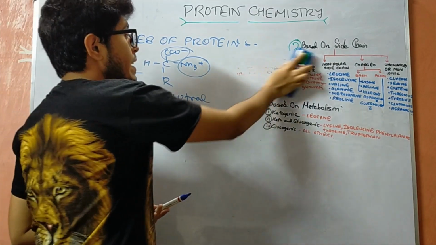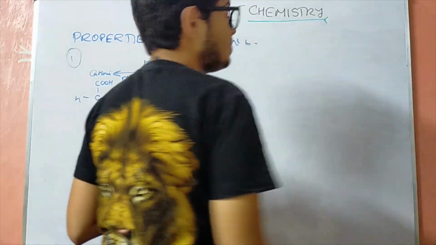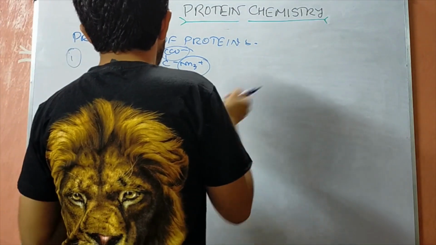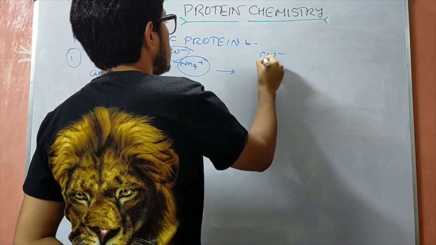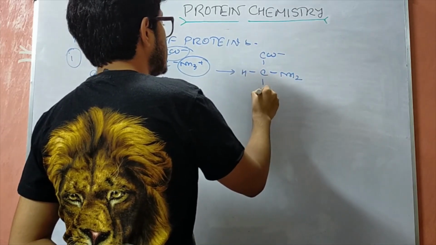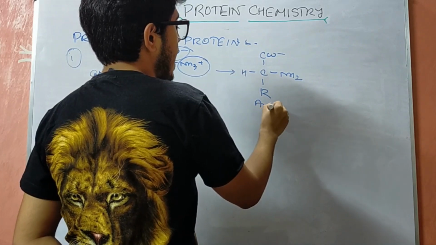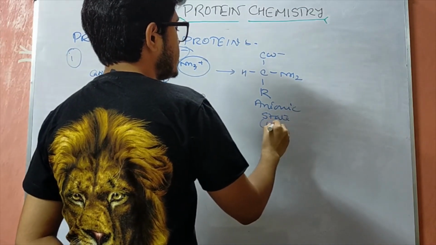Whereas at higher pH, or an alkaline pH, it is mostly in its anionic state, so it has COO minus, CH, NH2 and R. So this is the anionic state at a high pH.